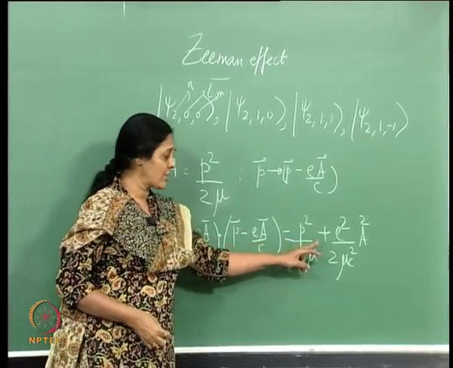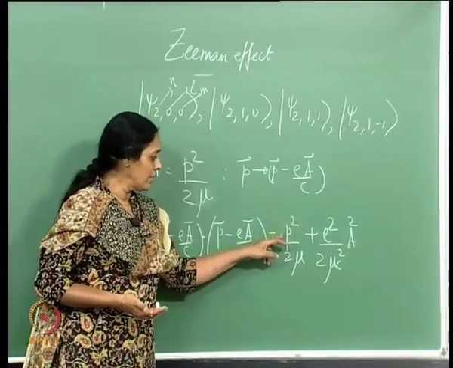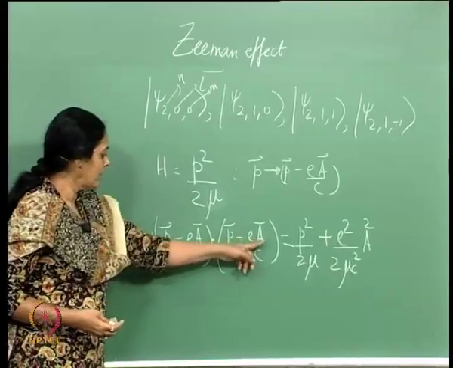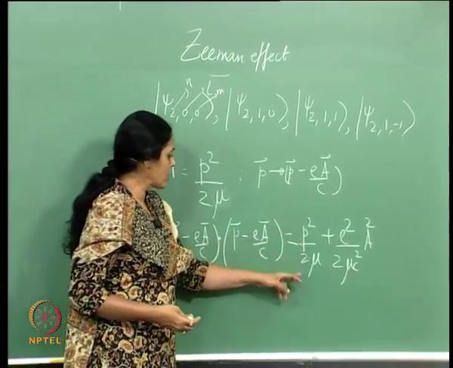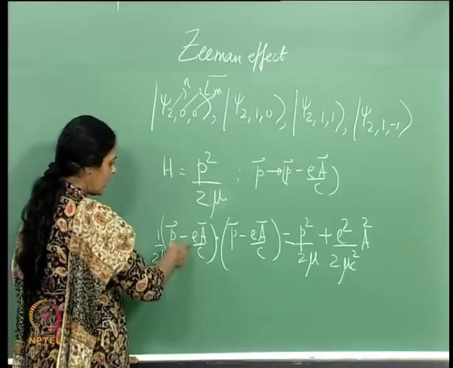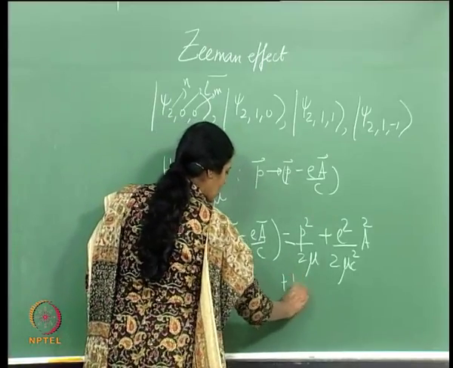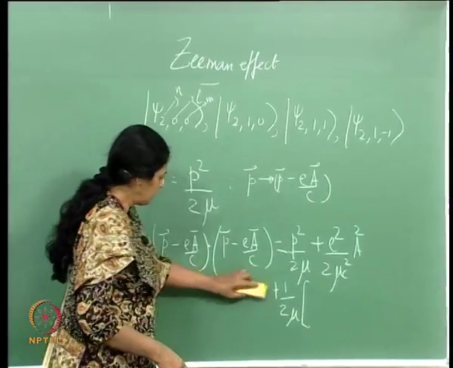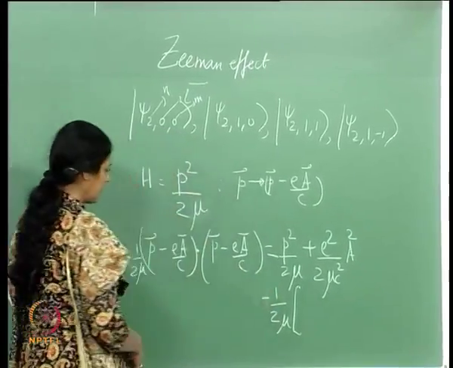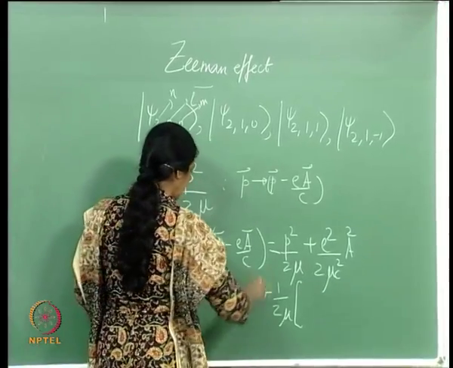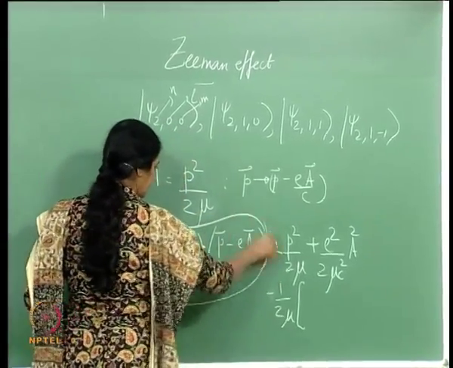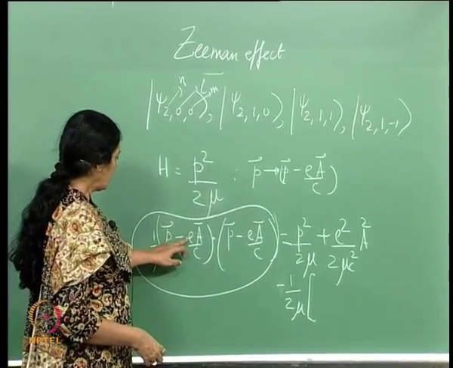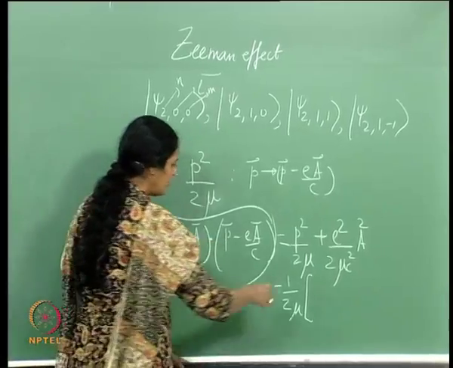Obviously, there is no term which involves p dot A or A dot p here. However, there is a cross term coming up now, and that is plus 1 by 2 mu or minus 1 by 2 mu. So, this quantity is expanded out here, minus 1 by 2 mu e by c A dot p.